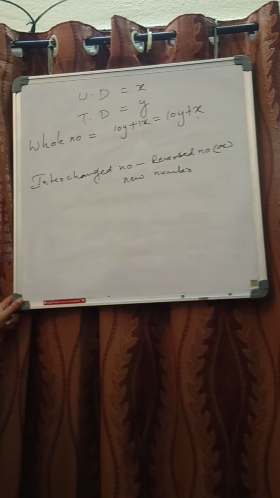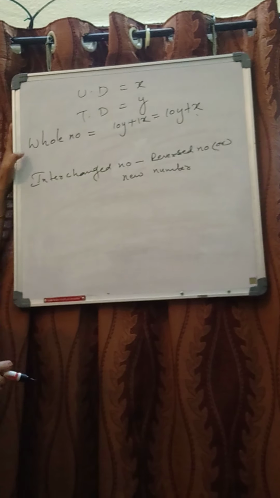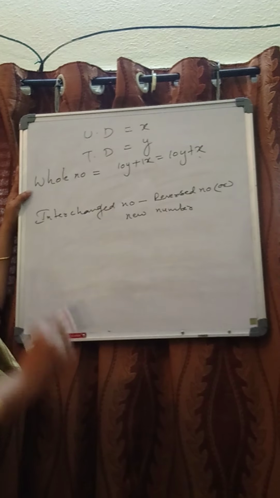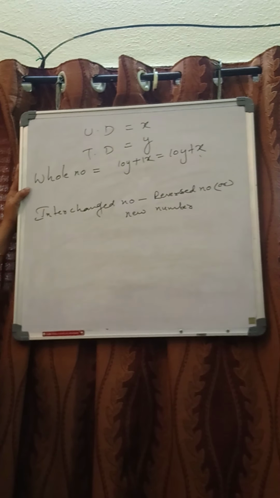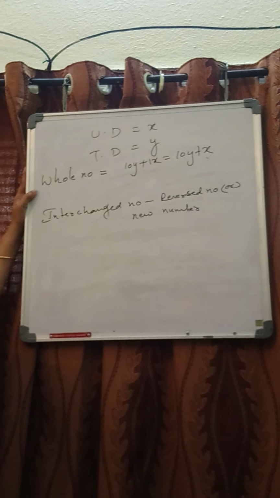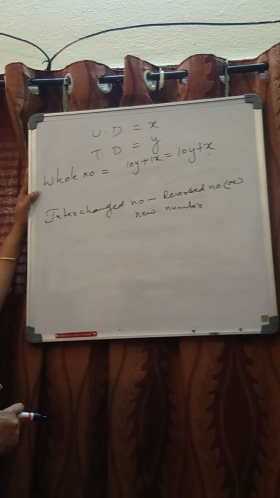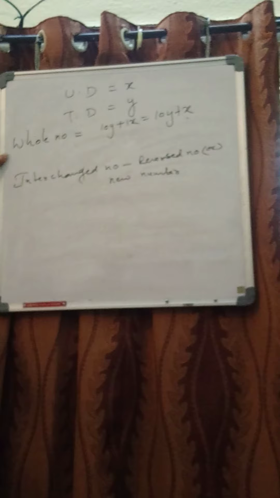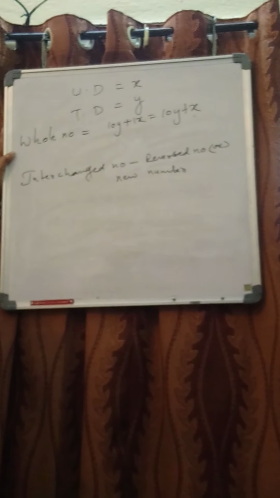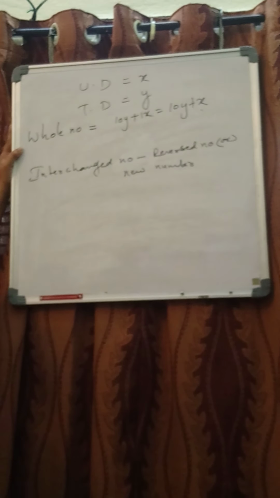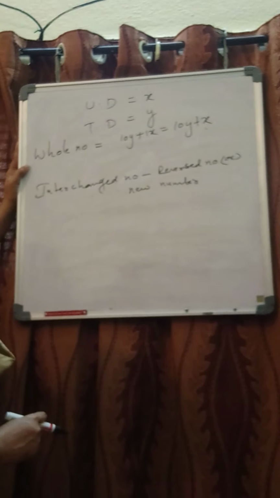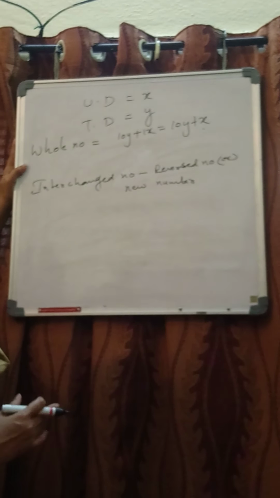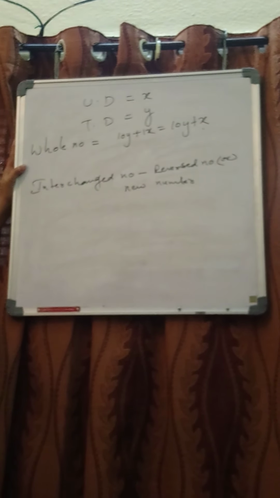In place of whole number also, in some problems he will mention whole number or old number or original number. Depending on the problem, he will mention original number or old number, and interchanged number as reversed number or new number. So children, don't confuse, okay?